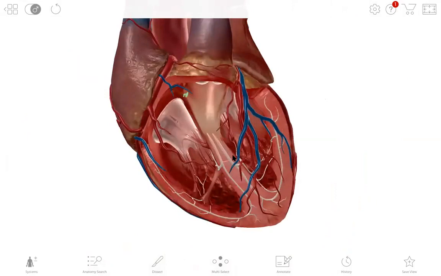It's important for you to know which chambers the sternocostal surface consists of, meaning when you look at the front, which chambers will be in front of you. The sternocostal surface, 2/3 of it is the right ventricle. We will see a part of the right atrium, 2/3 of the right ventricle, and 1/3 of the left ventricle.